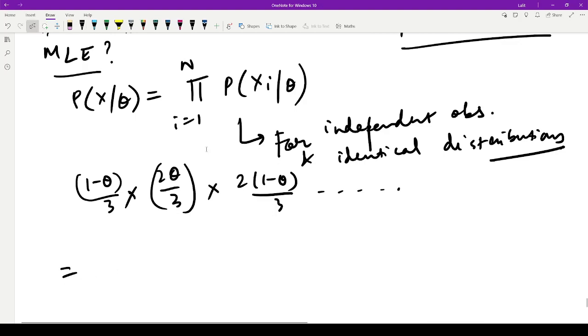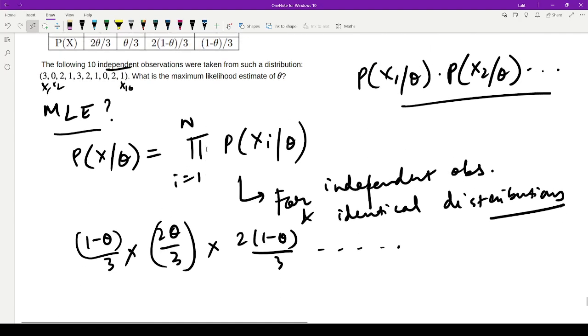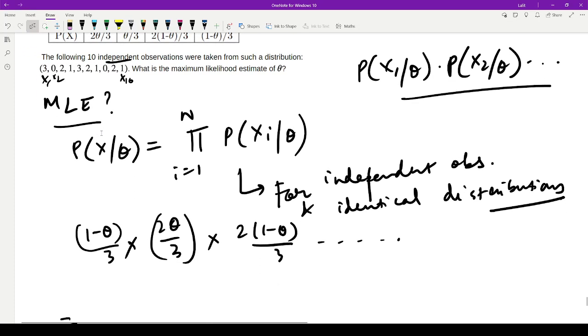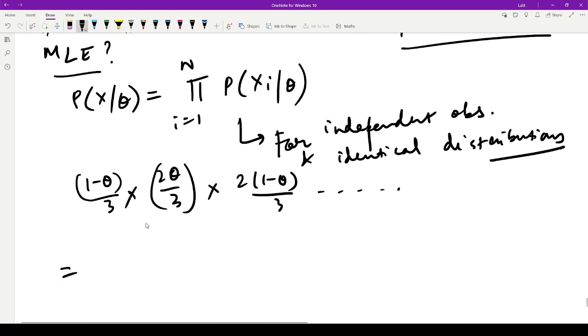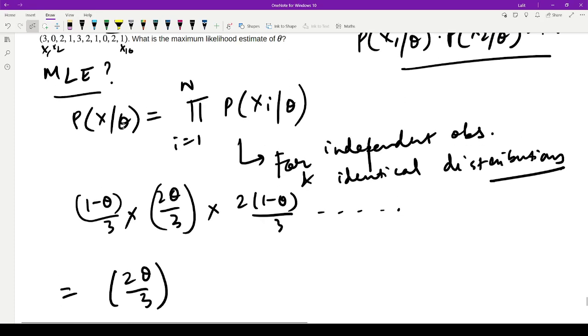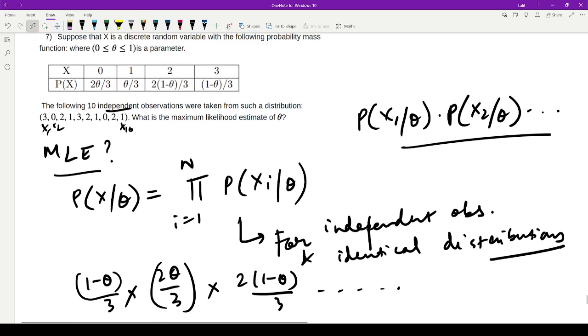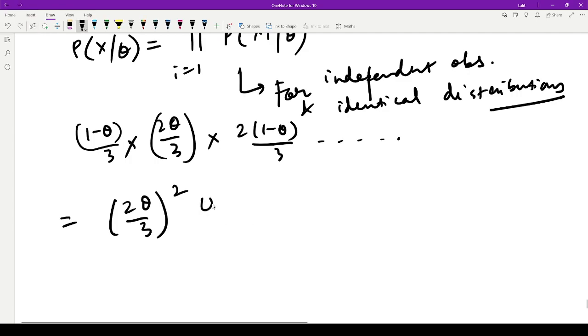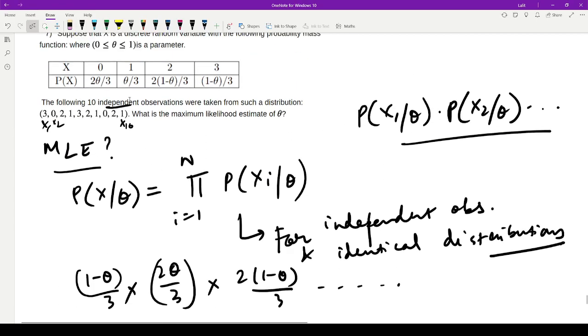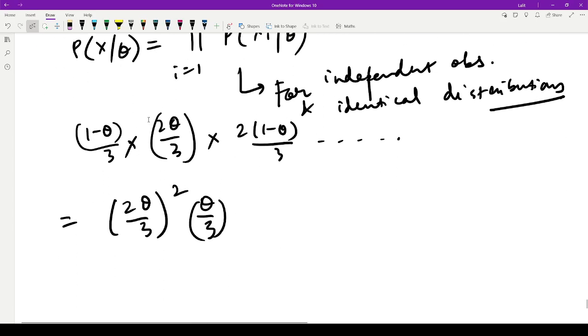You can directly write it as, for how many times 0 occurred, just power it. So (2 theta by 3) to the power, how many times did 0 occur? Twice. And the next is theta by 3, how many times did it occur? Which is 3.